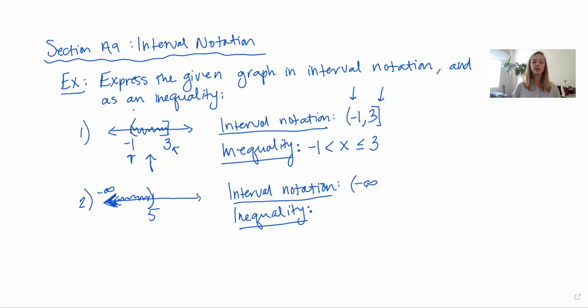We always put parentheses there because, again, we can't actually equal a negative infinity or positive infinity. And then comma, the furthest right that we go is 5 with a parenthesis. So our interval is from negative infinity to 5 with parentheses on both of those.